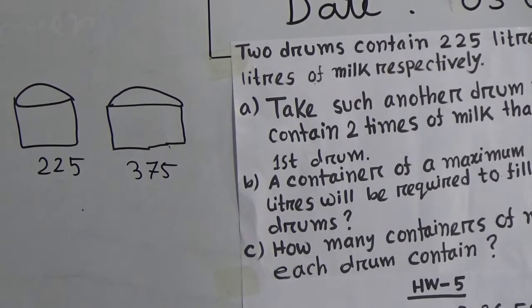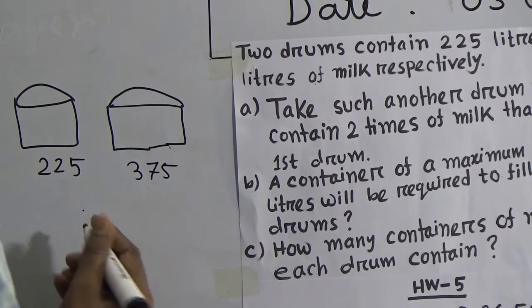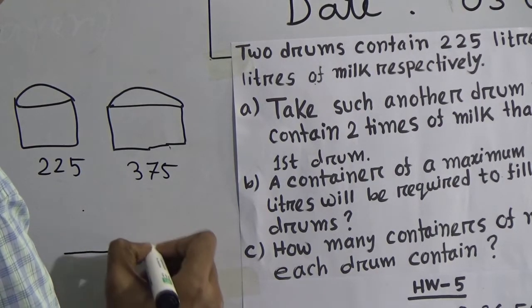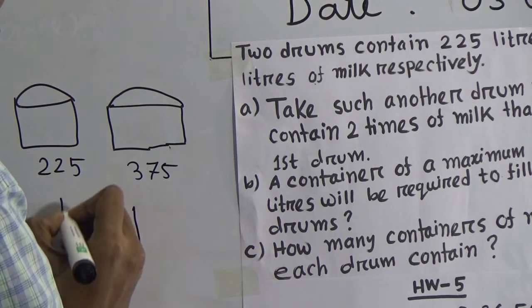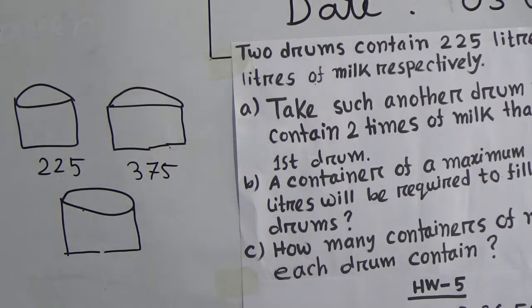Suppose these are the another drums. Now we have to find out such type of maximum liters of container so that if we fill up the 3 drums, then no milk will be remaining. Okay, and this is the question of B.